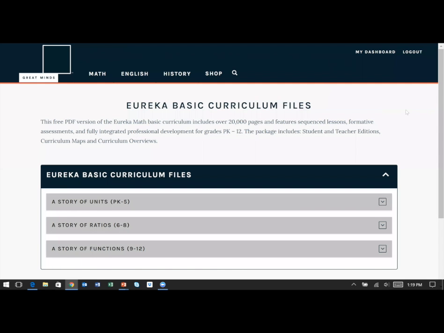As Adam Baker said in the video from part 1, Eureka Math was designed to tell the story of mathematics. When you went to download your materials from greatminds.org in part 2, you might have noticed that PK-5 materials comprise a story of units, 6-8 materials comprise a story of ratios, and 9-12 materials comprise a story of functions.